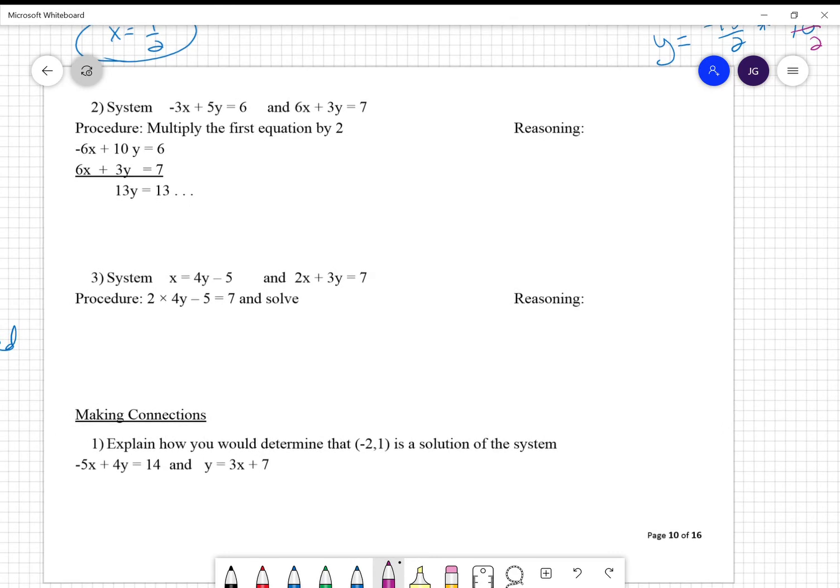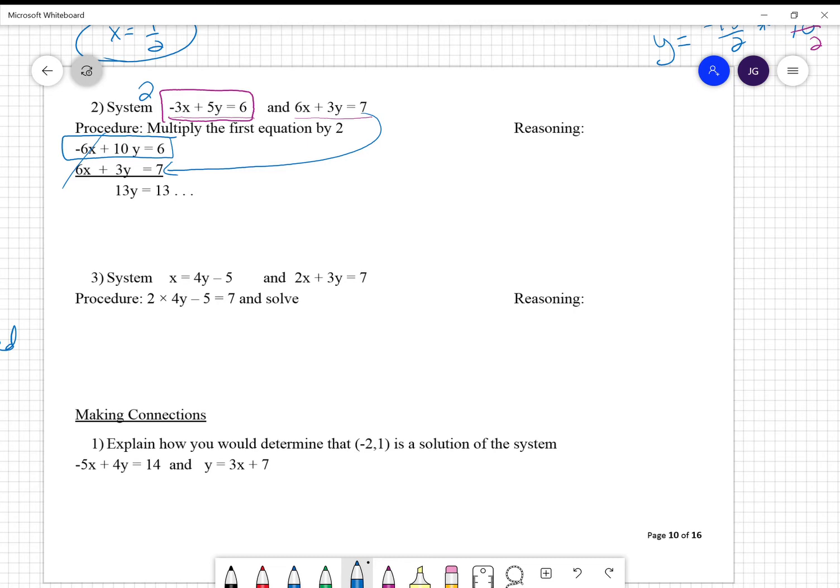Our system is negative 3x plus 5y equals 6 and 6x plus 3y equals 7. The procedure is to multiply the first equation by 2. So you're multiplying this by 2. The second equation, they just copied down. If I multiply this equation by 2, they got negative 6x plus 10y equals 6. Then the x is canceled.